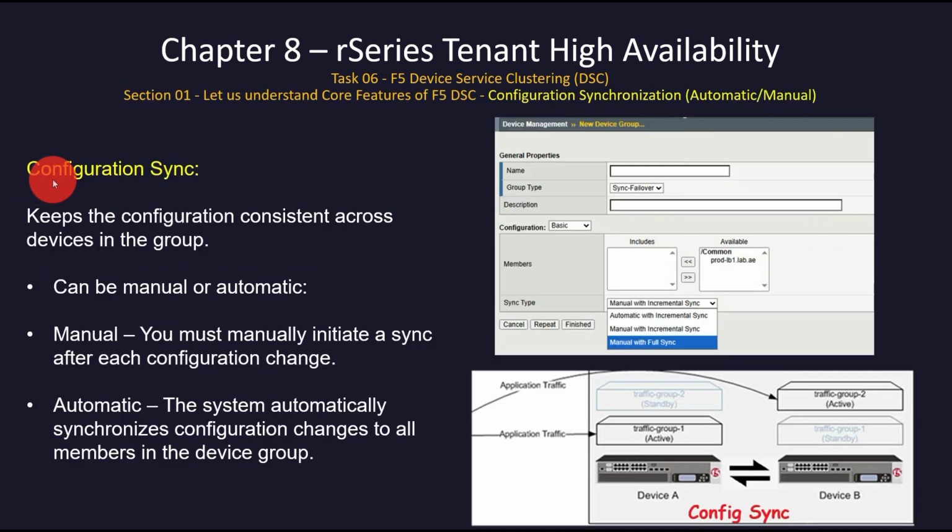Next one is configuration sync. Configuration sync keeps the configuration consistent across the devices in the device group. It can be manual or automatic. Manual means you must manually initiate a sync after each configuration change. Automatic means the system automatically synchronizes the configuration changes to all the members in the device group.